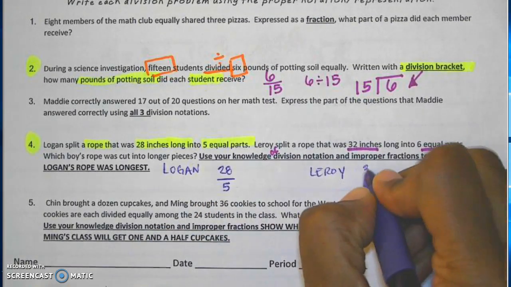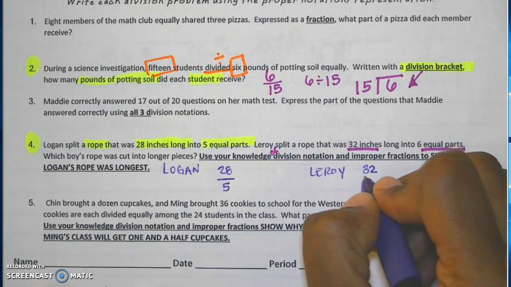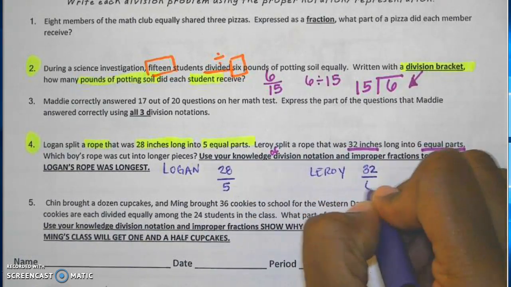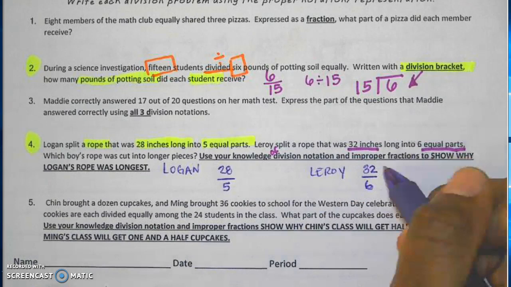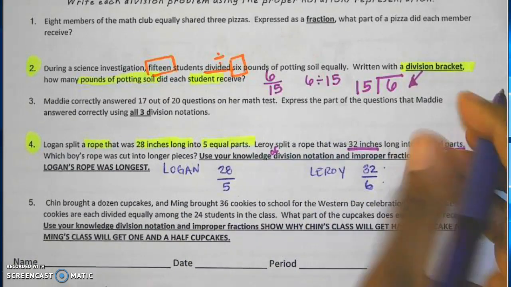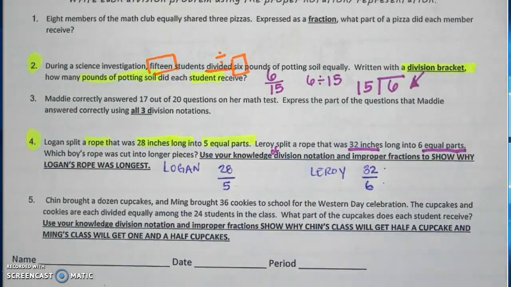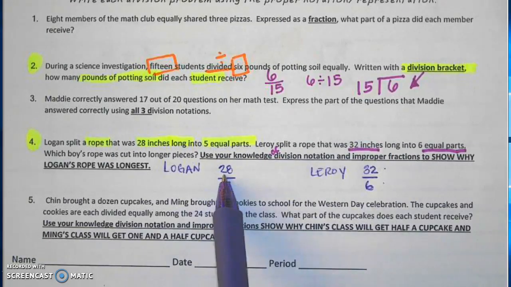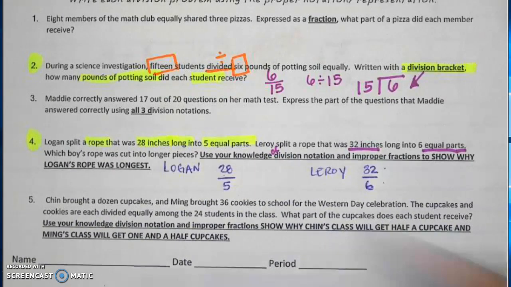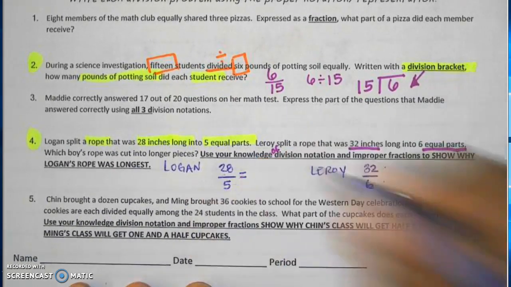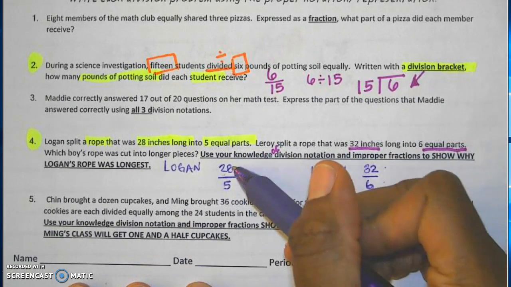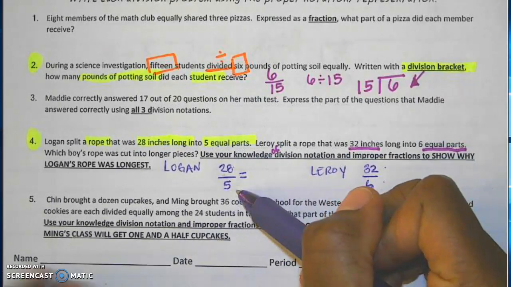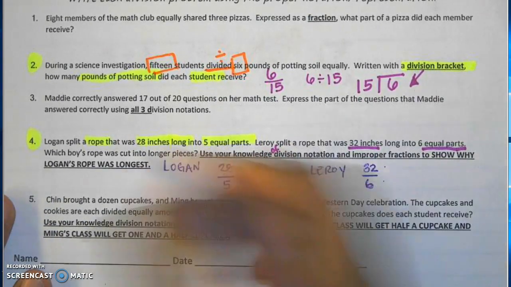Leroy had 32 inches of rope, and it needed to be divided into 6 equal pieces. Again, dividend, divisor. I can use my knowledge from yesterday to make this improper fraction into a mixed number. It will be easier for me to compare. So we learned yesterday that to make an improper fraction into a mixed number, we need to divide.